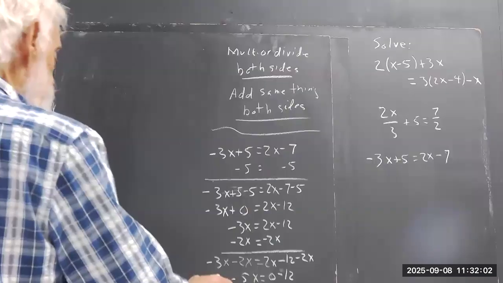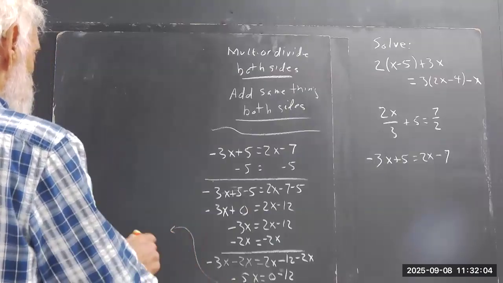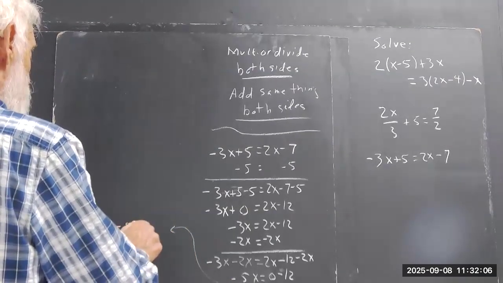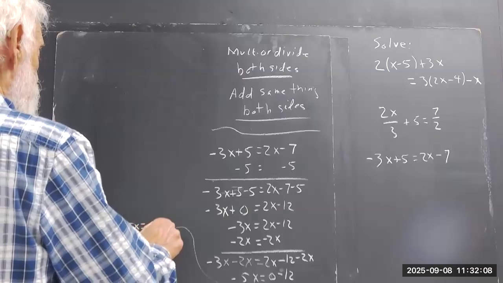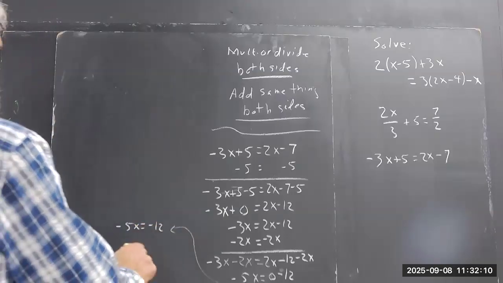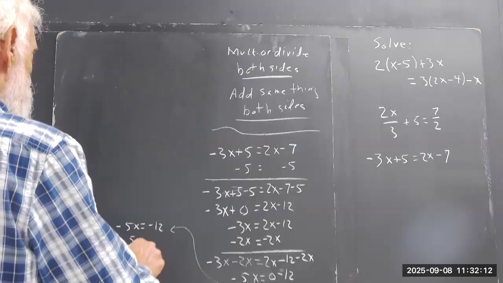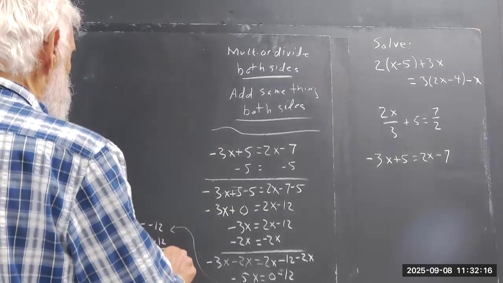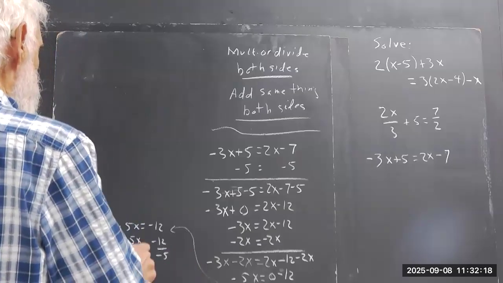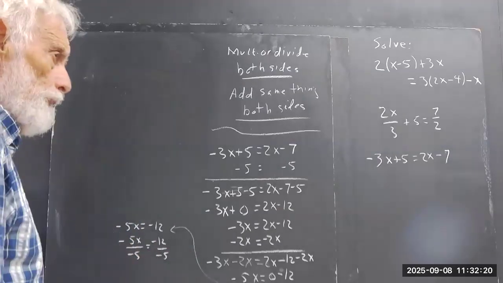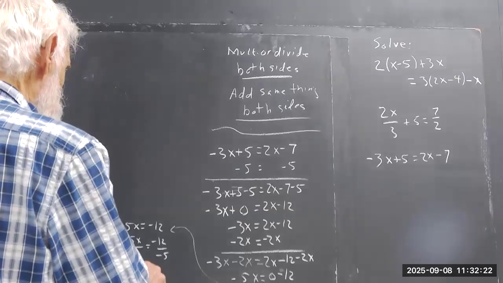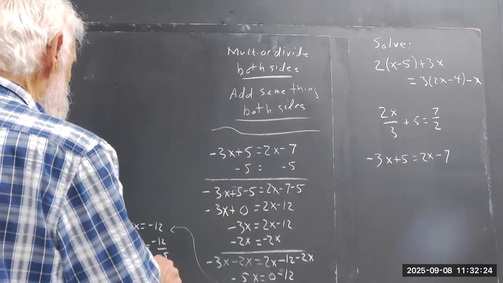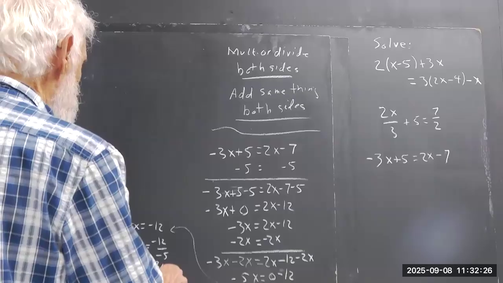Okay, so, well, I'm going to have to borrow a little space over here. So we've got -5x equals -12. So then we do -5x over -5 equals -12 over -5. -5 divided by -5 is 1. So we have x equals 12 over 5.